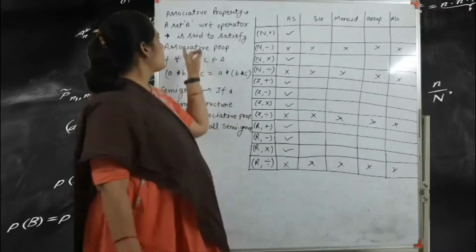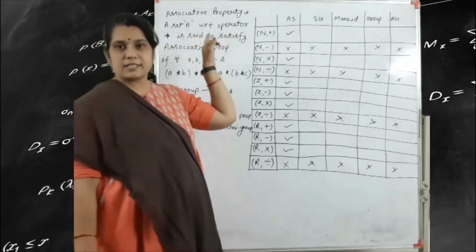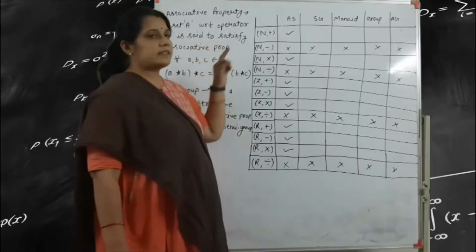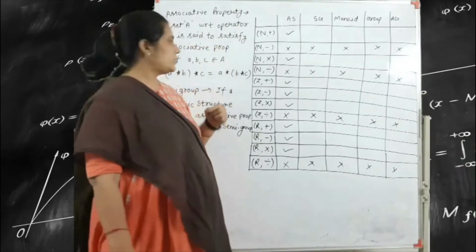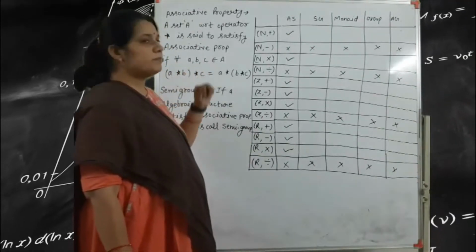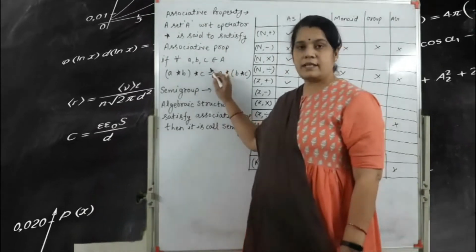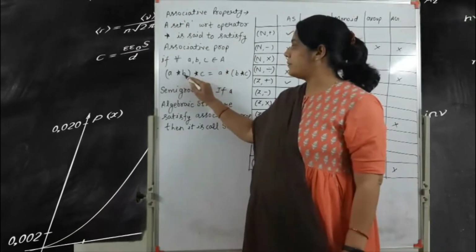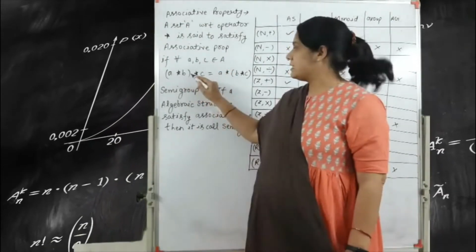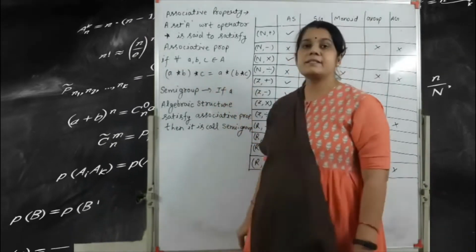The associative property means a set A with respect to operator star is said to satisfy the associative property if for all a, b, c belonging to A, that means three elements belonging to capital A, then (a star b) star c is equal to a star (b star c).